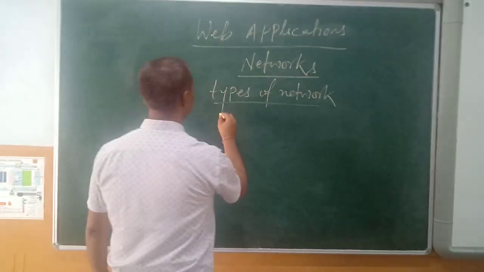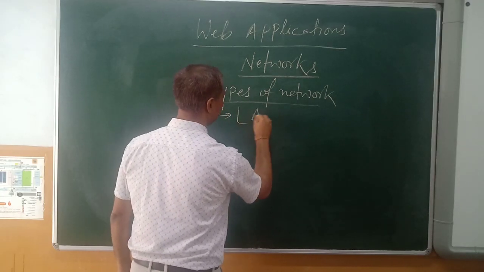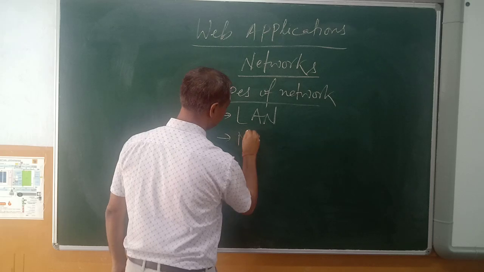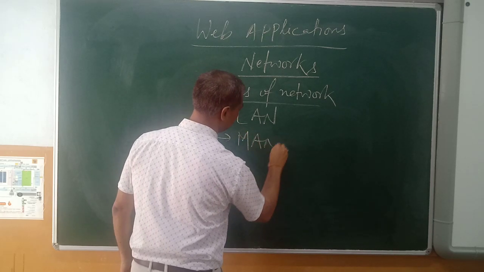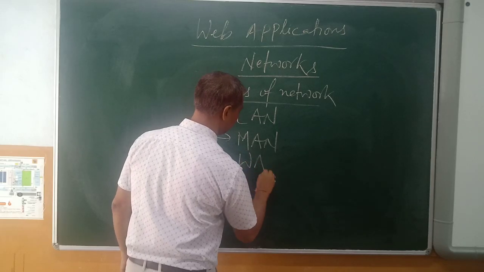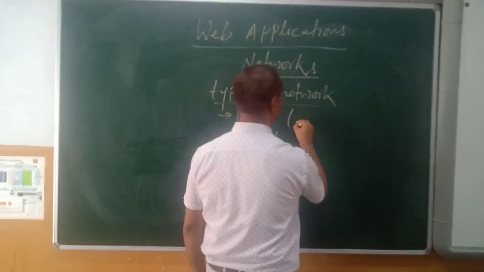Then types of network: the first one is LAN, second one is MAN, and third one is WAN. The full form of LAN is local area network.